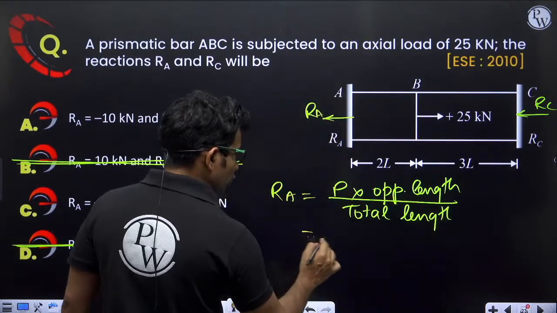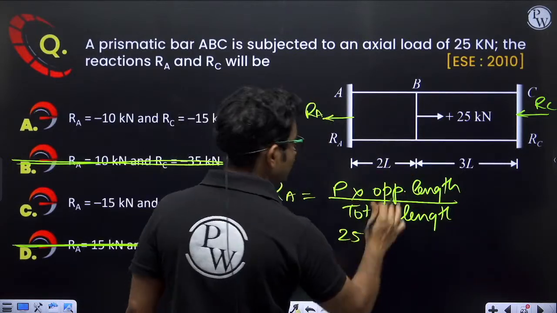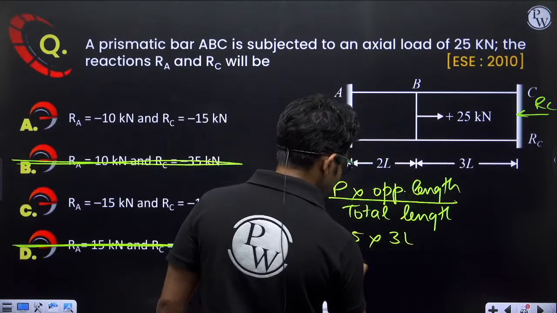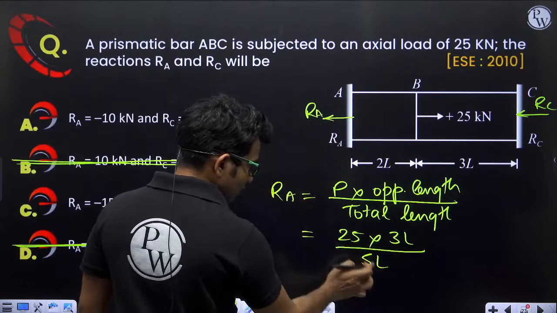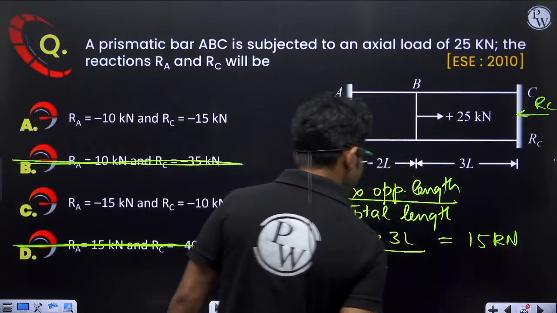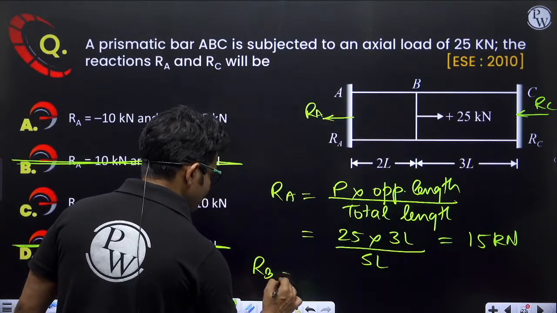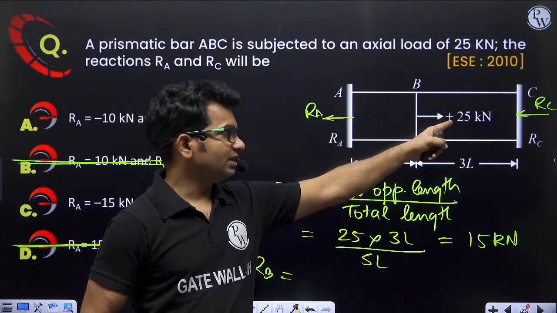So the load is 25 kilonewton, the opposite length is 3L, and the total length is 5L. 5 3s are 15, so we get 15 kilonewton. RA is 15 kilonewton and the other will be 10 kilonewton. 15 plus 10 will be 25.